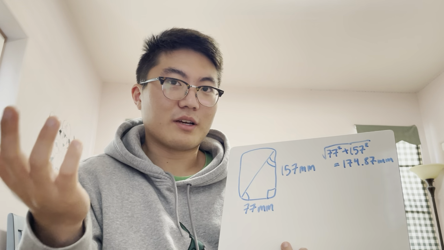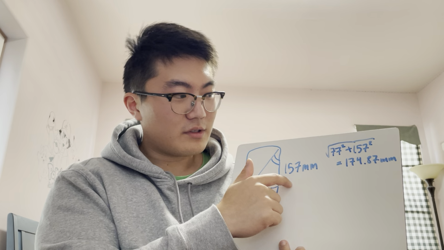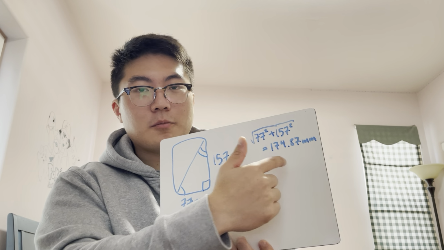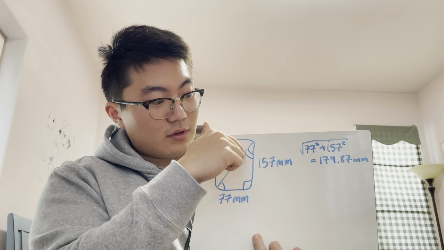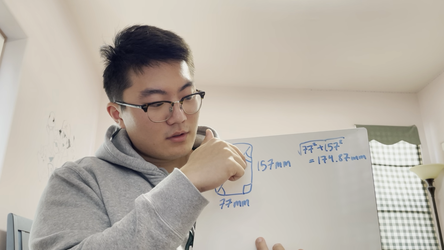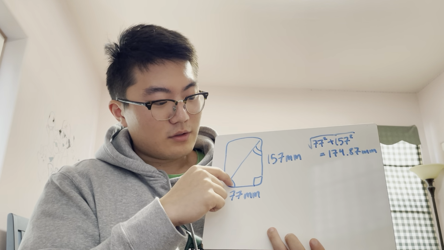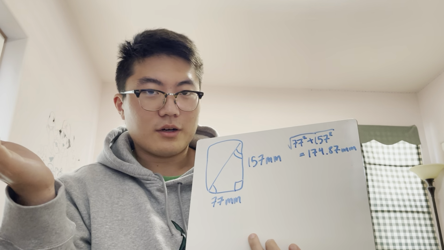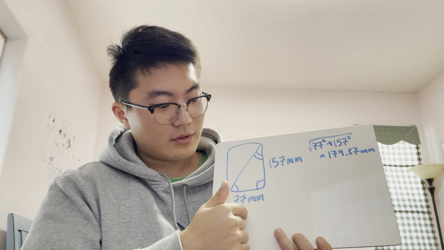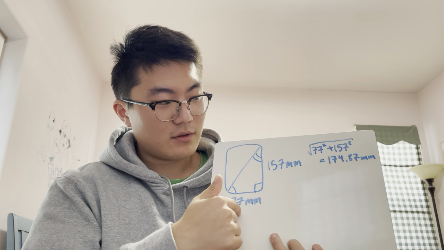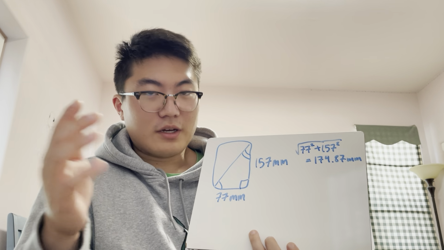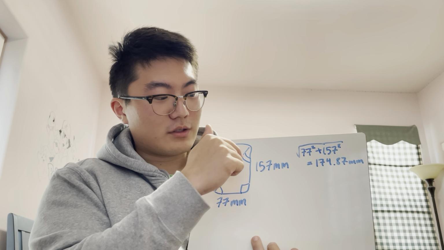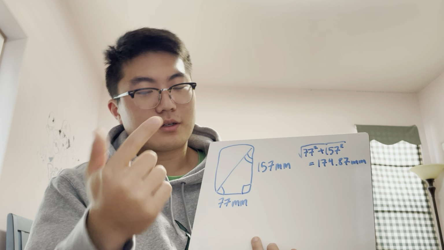So basically arcsine of 157 over 174. But we can also use cosine, which is adjacent over hypotenuse, so 77 over 174. The same applies to this angle as well. You can use sine or cosine.